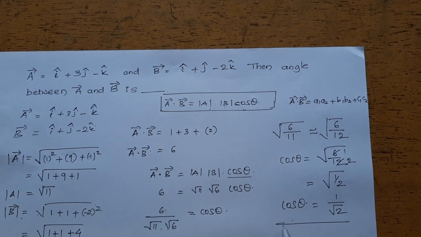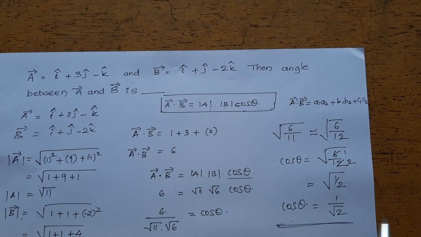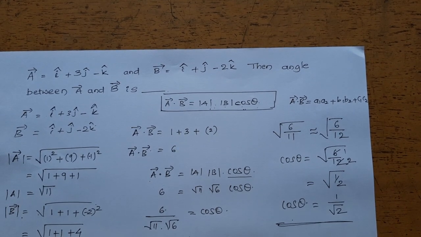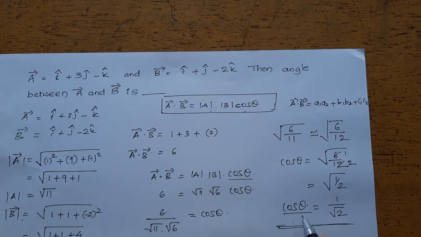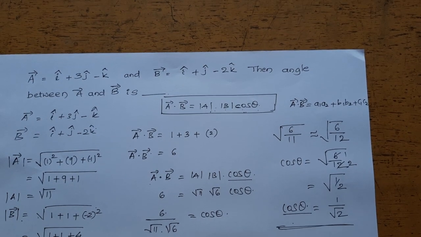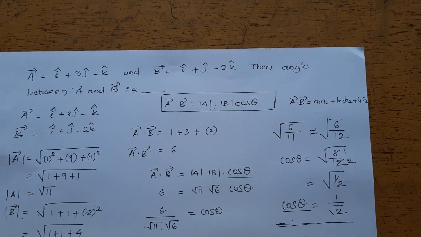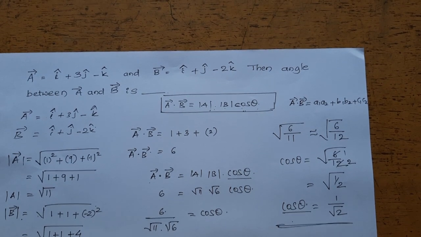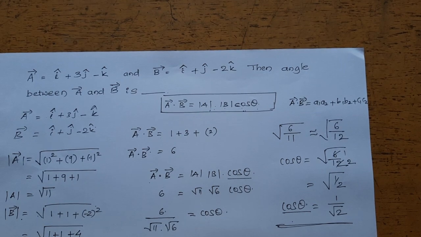Now from the table of sin theta, cos theta, for 30, 60, 90, from that table we know that the value of cos 45 is 1 by root 2. Cos 45 is 1 by root 2.